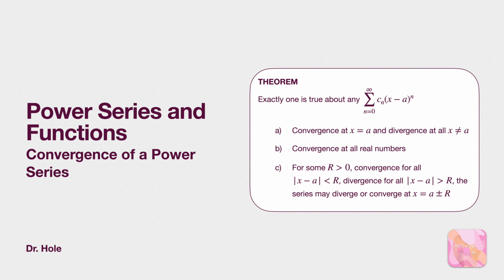And case C states that only for inputs x which are within a distance R of the center will the power series converge. Any input which exceeds the distance R from the center a leads to the power series diverging, and at the two inputs which are exactly capital R away from the center a, the power series may or may not converge.